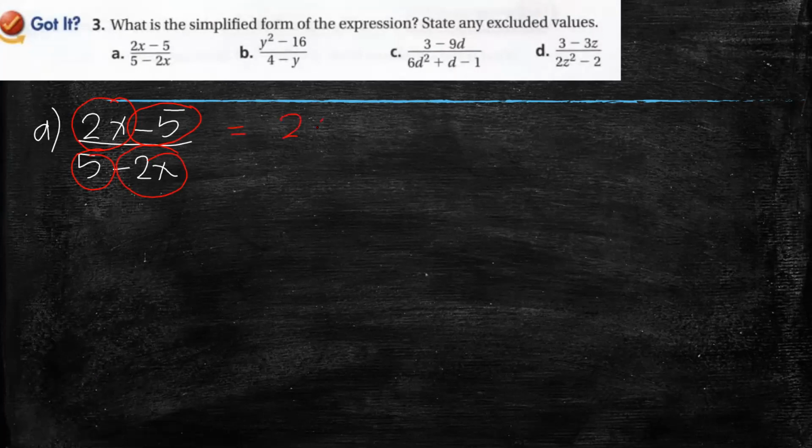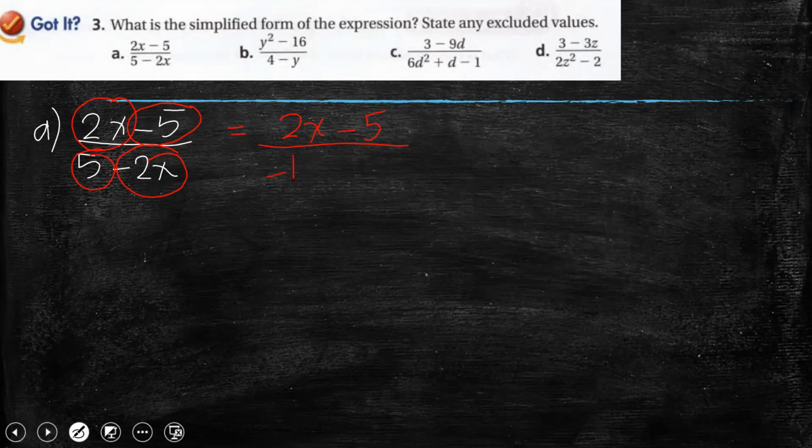Keep 2x minus 5 as it is. Why? I keep the one that has a positive variable as it is and change the one that has a negative sign of the variable. Where's the negative sign? It is in the denominator. This one I want to change. How?